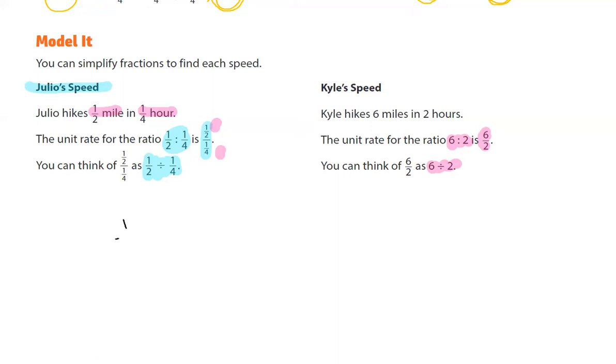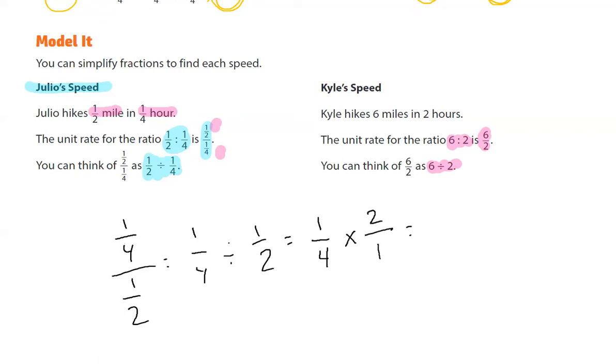So that would be 1/4 over 1/2, which is 1/4 divided by 1/2, which is keep, change, flip. 1 times 2 is 2, 4 times 1 is 4, but whenever you have a numerator and denominator that are both even, you can at the very least divide by 2. You can never have a proper fraction where the numerator and denominator are both even numbers. So that's 1/2. There's where we got the 1/2 from.